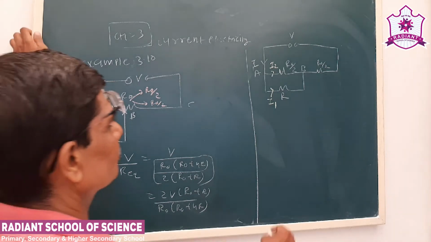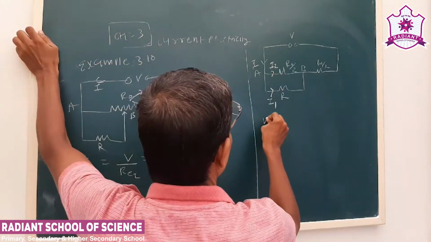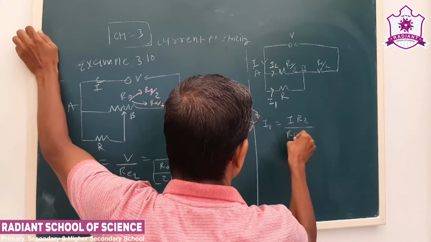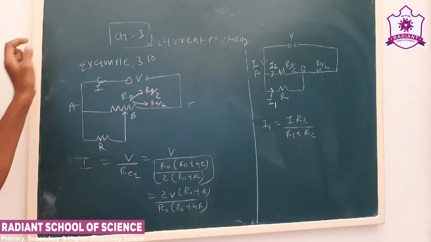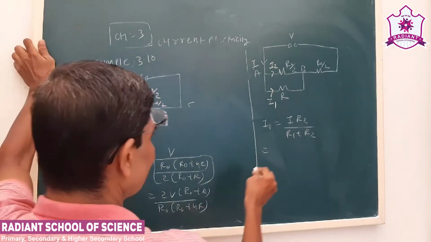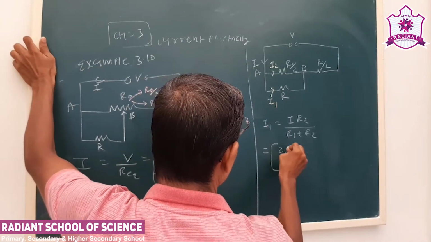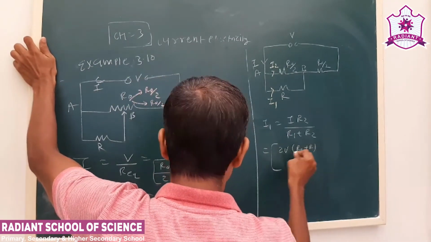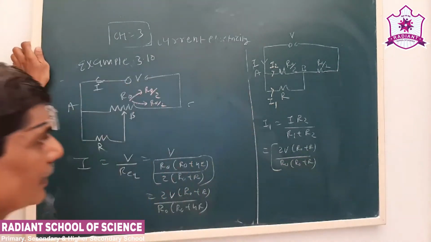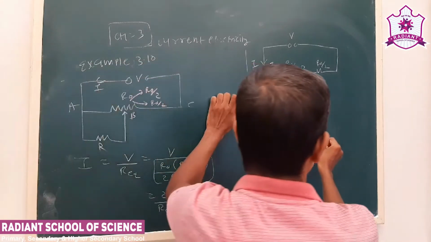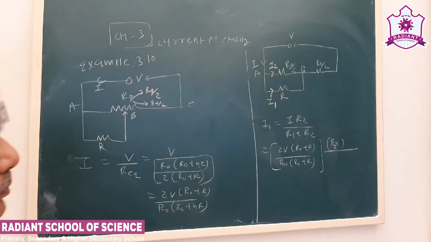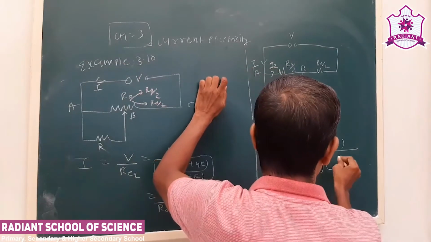So first we find out the current. That is I1 is I R2 upon R1 plus R2. I is this, 2V R0 plus R upon R0 plus 4R. R2 here will be R0 by 2, upon R1 plus R2.